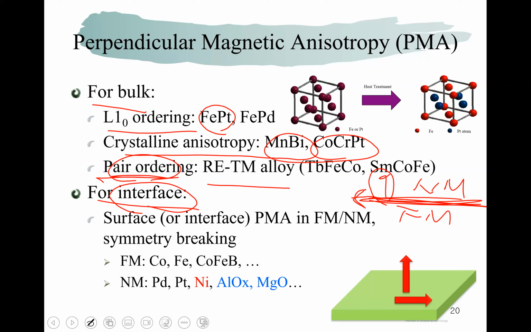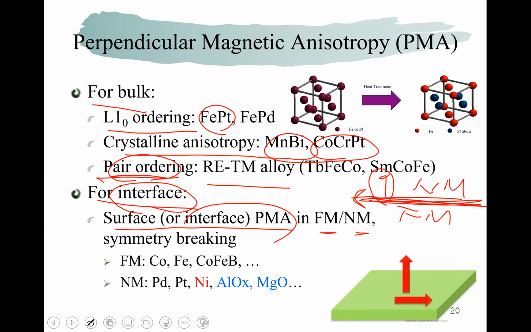And in that kind of material, we have a chance of PMA called the surface PMA or interface PMA, between the ferromagnetic layer and the non-magnetic materials. But sometimes, between two ferromagnetic materials, for example, cobalt nickel, they also generate the PMA. So there are no general rules. It depends on the material.